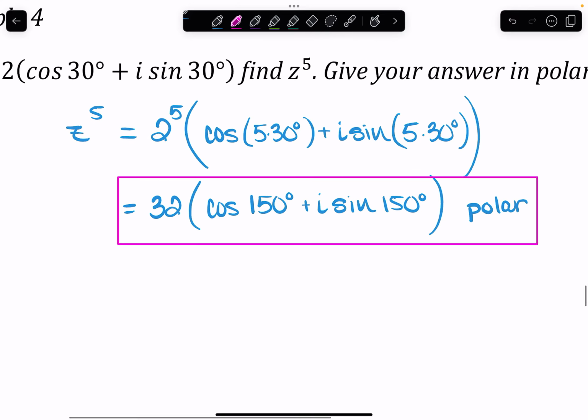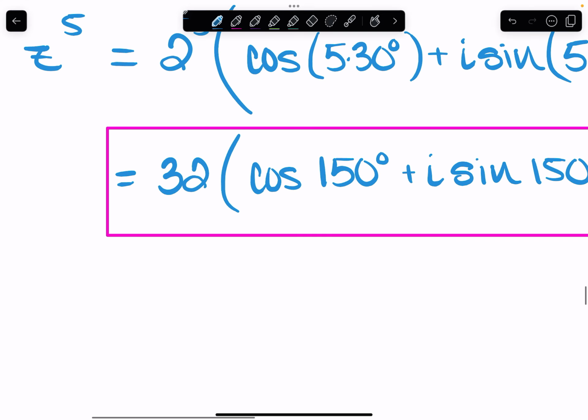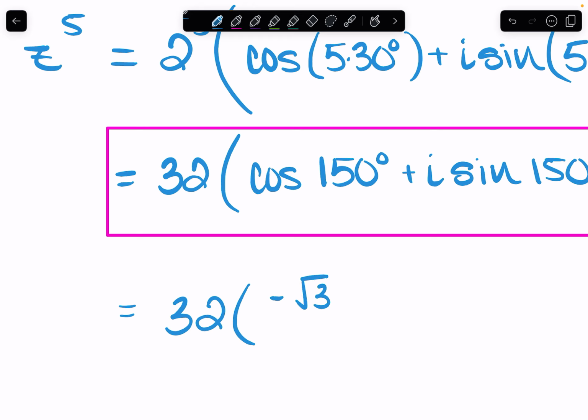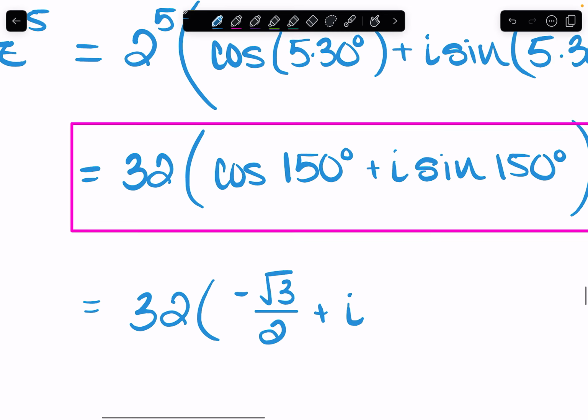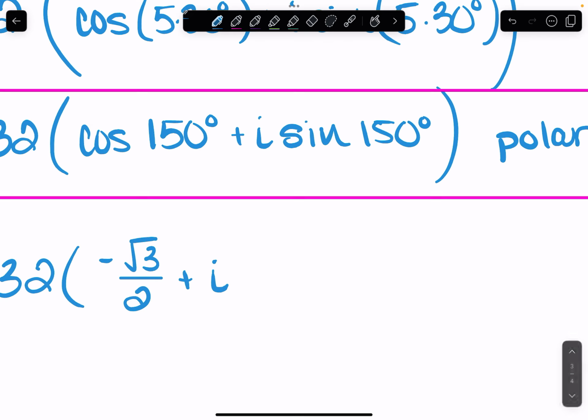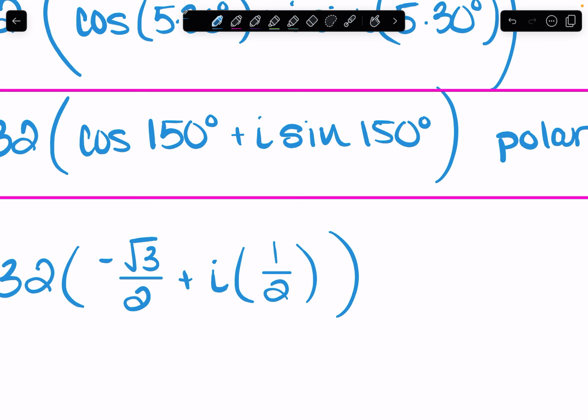So cosine of 150, I'm not very good with my degree angles. 150 is equivalent to 5 pi over 6. So cosine of 5 pi over 6 is negative square root of 3 over 2. Plus i times sine, so the y value of 5 pi over 6, 1/2, because it's in quadrant 2, so it's positive.